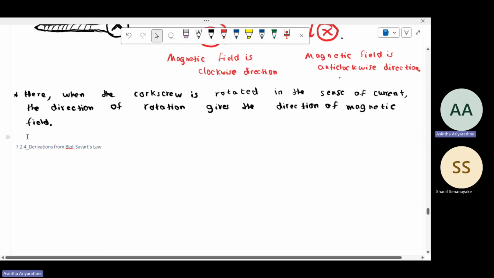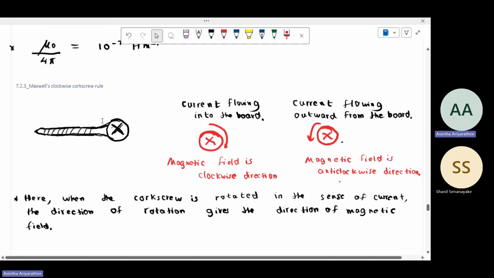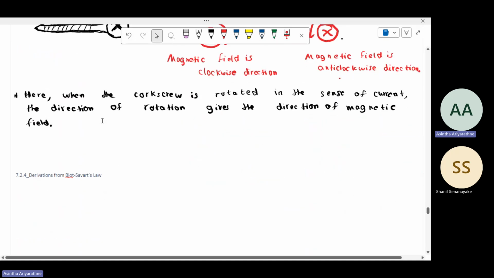So the right hand rule and the corkscrew rule are similar.